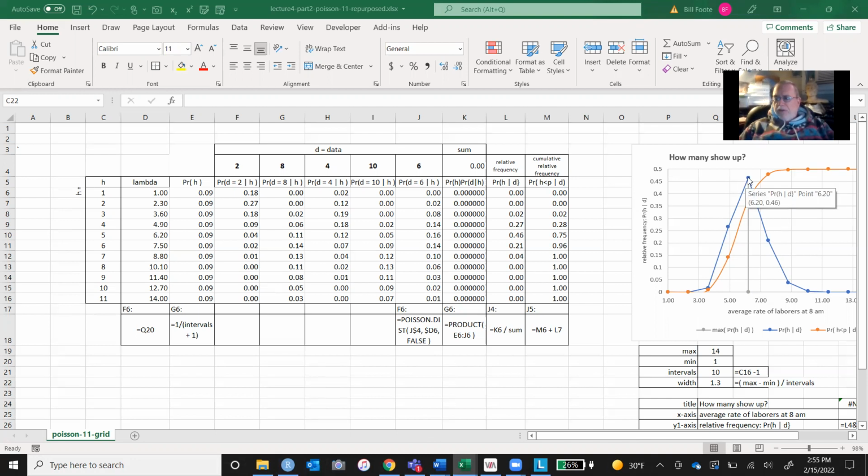There's a very strong concentration around the mean of, in this case, the number of workers. We're going to find a very, very similar situation with the normal curve. In fact, the normal curve will be symmetric by definition. It's looking at deviations from the mean, and large deviations will have very low probability.